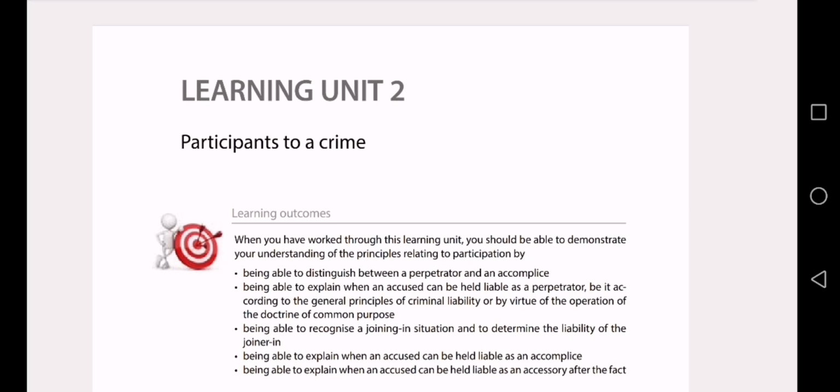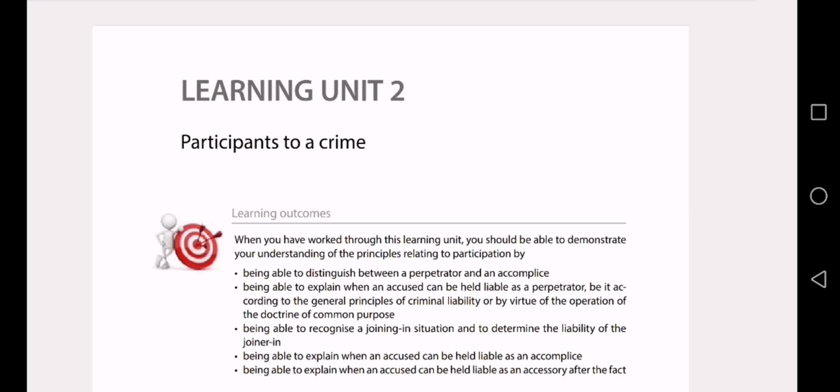Being able to distinguish between a perpetrator and an accomplice. Being able to explain when an accused can be held liable as a perpetrator, be it according to the general principles of criminal liability or by virtue of the operation of the doctrine of common purpose.